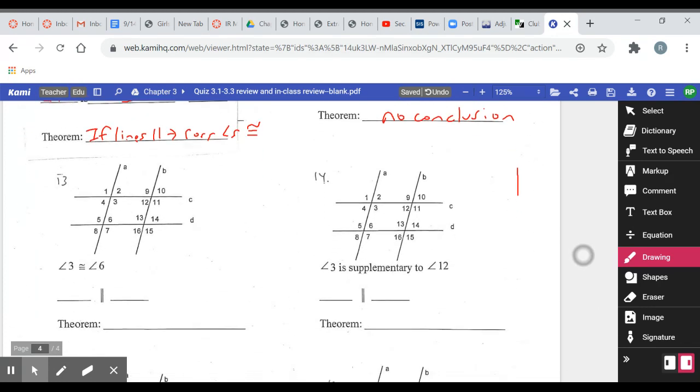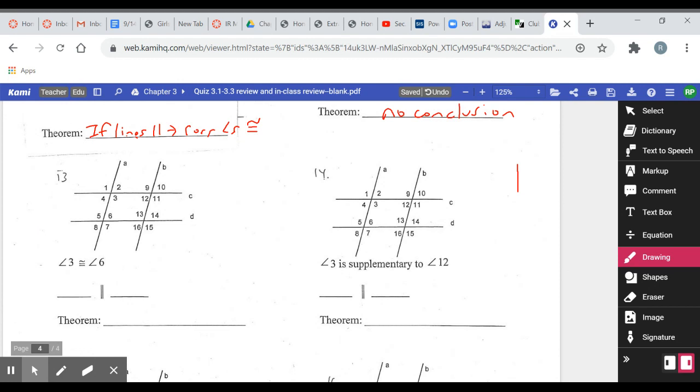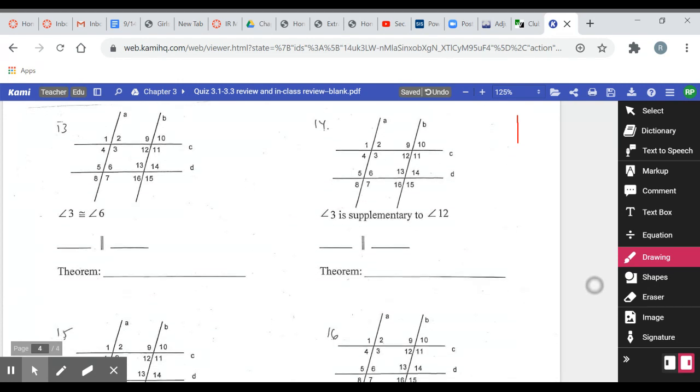All right, if we look down at 13, it says angle 3 is congruent to angle 6. So I'm starting off by saying angle 3 is congruent to angle 6. And they're wanting me to say if I can say the lines are parallel based on that information. Well, if I cover up this part of the picture, because I'm not really dealing with that, and I look at that 3 and 6, I can tell those are same side interior angles.